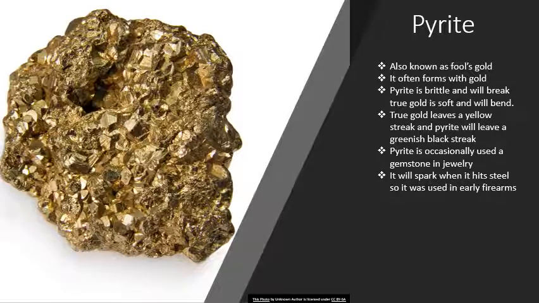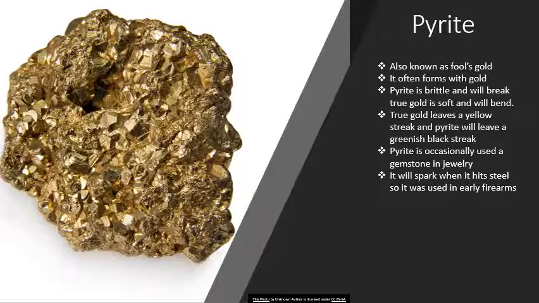Pyrite. So we look at this, and I know the first thing is, oh, it's a lump of gold. But pyrite is known as fool's gold because it often fools people. They usually do find it with gold, but pyrite is brittle and it breaks.